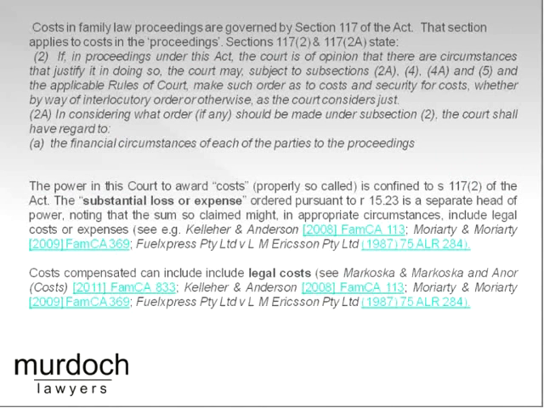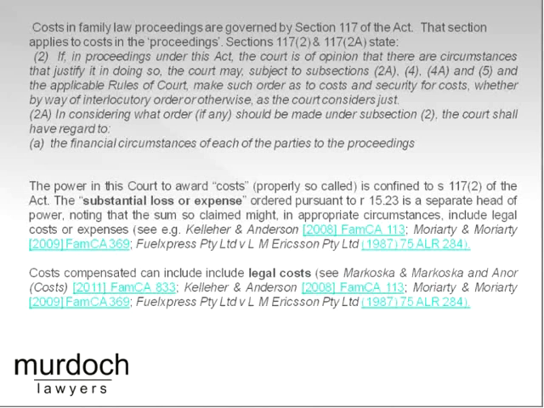Now, this is different from the power of the courts to issue costs. So if you think of it this way, conduct money is what you actually need to get the documents to court. Costs in family law proceedings really relate to legal costs and what you're entitled to be reimbursed.